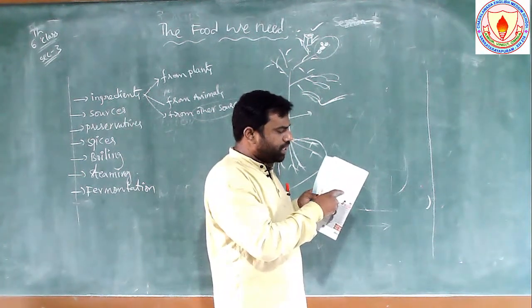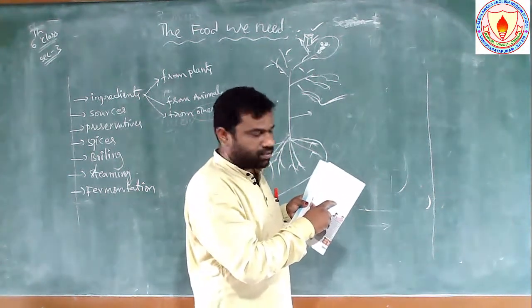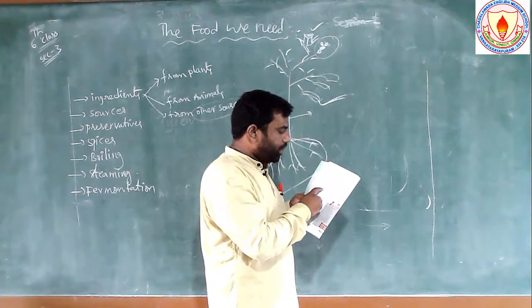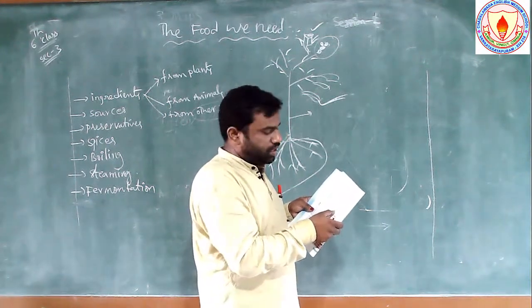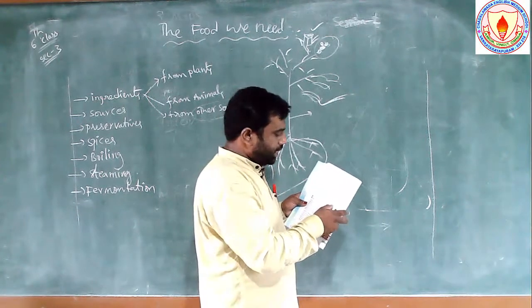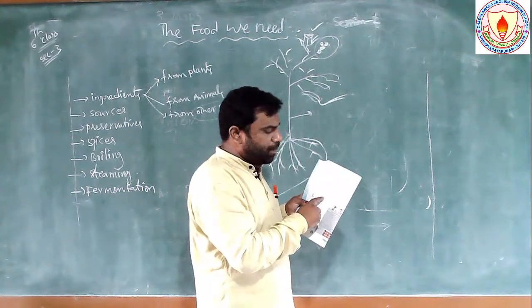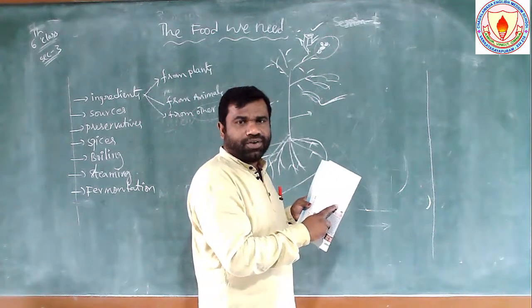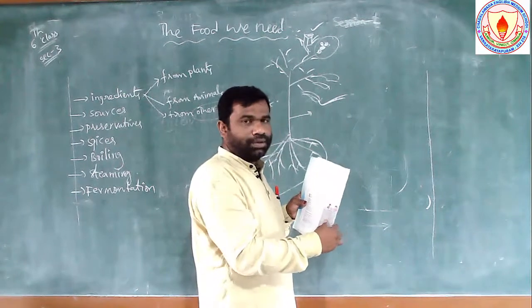Rice, it is one type of crop, nothing but seeds. Next, green gram, this is also a crop, like seeds. Next, cabbage, this is also one type of flower. And apple is a fruit from the plants. So you have to fill this table.